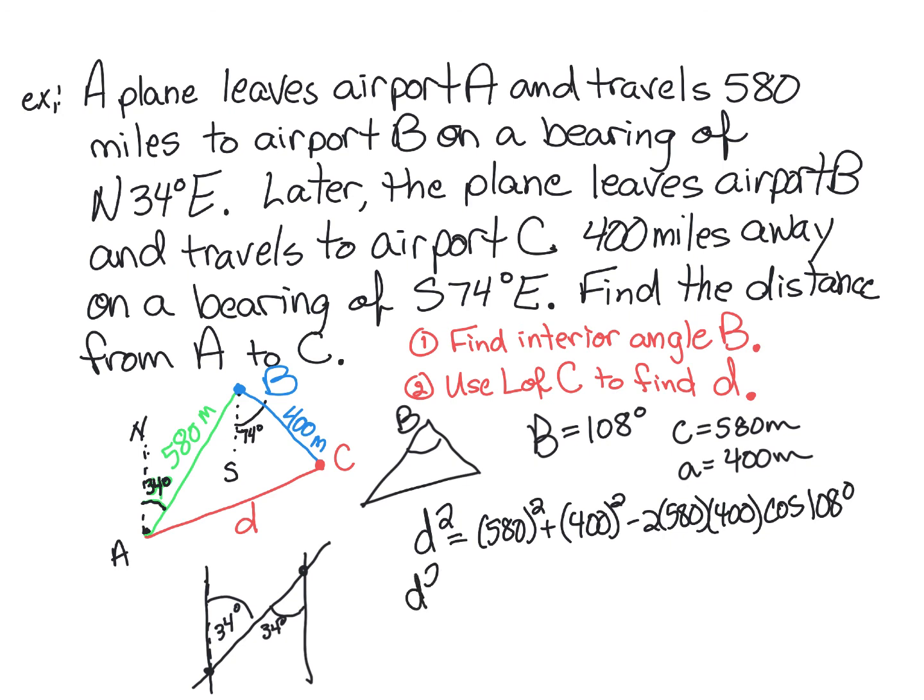Stick it in your calculator, then take the square root, and you'll have that distance. You don't really need to write this down. Just showing you. Take the square root of that, and I get 799.86. I'm going to round that to 800 miles. And you're done. Good luck, guys.